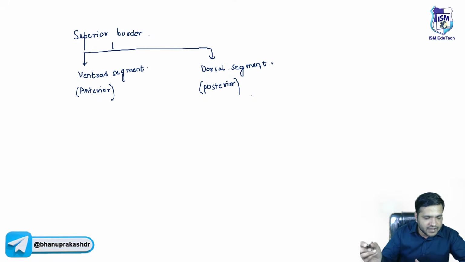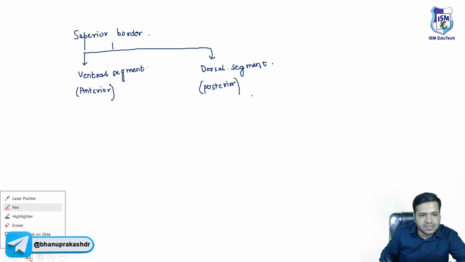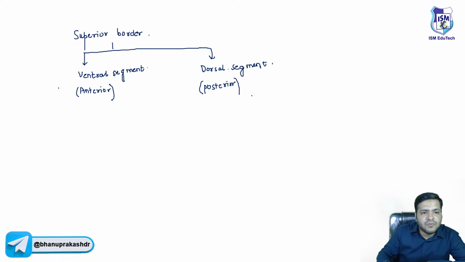Now beta, you are very well aware the ventral segment. What I have done is, let me just draw this border for you.